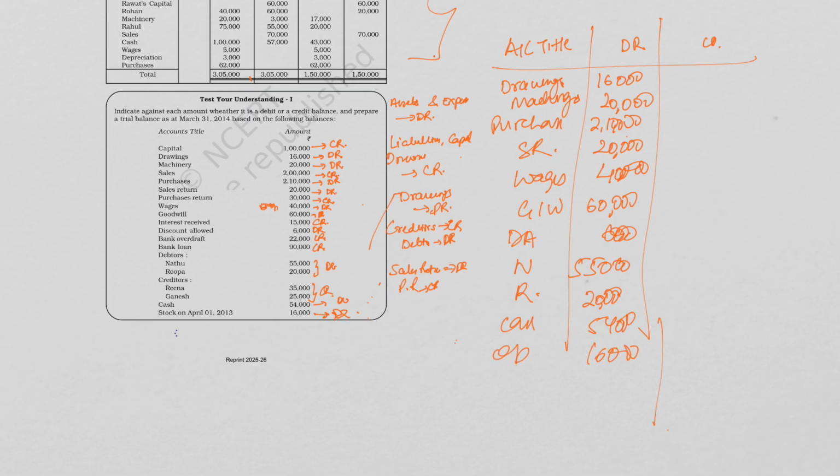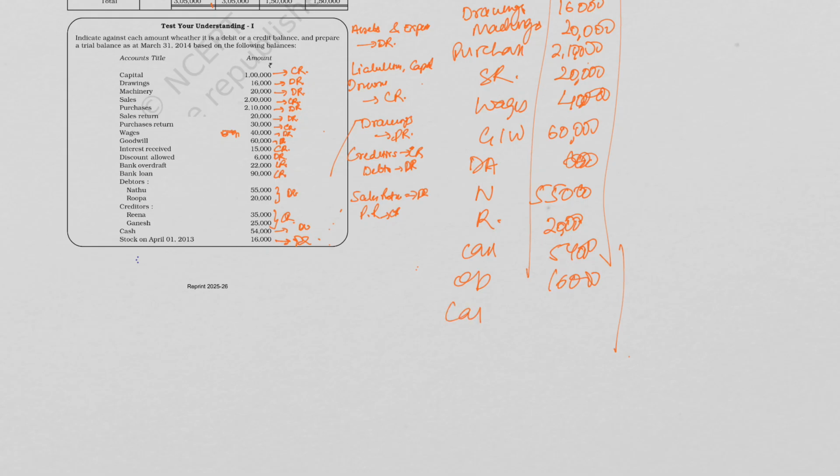So likewise you'll write the credit side also, like capital 1 lakh, sales, purchase return, everything. So we'll write it here also.